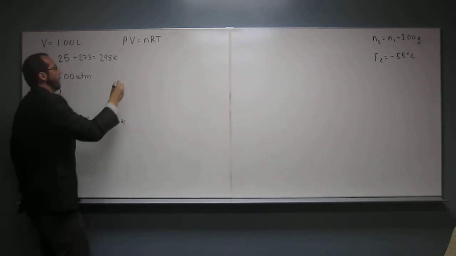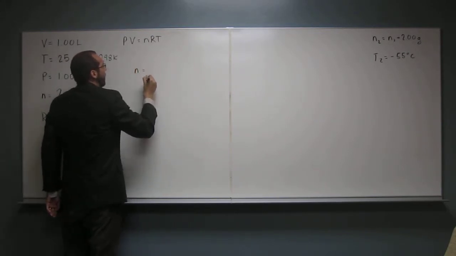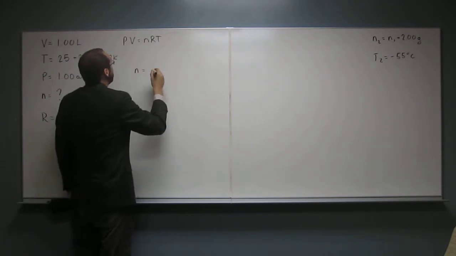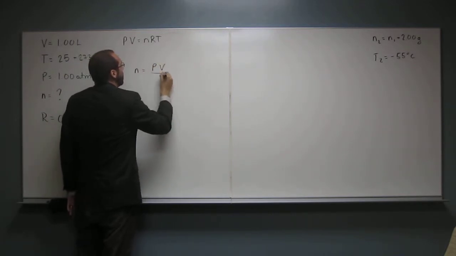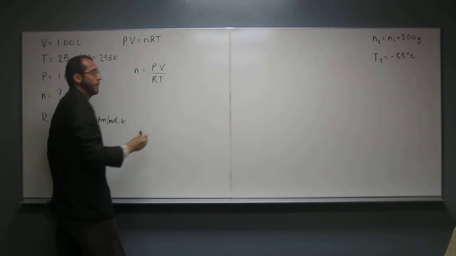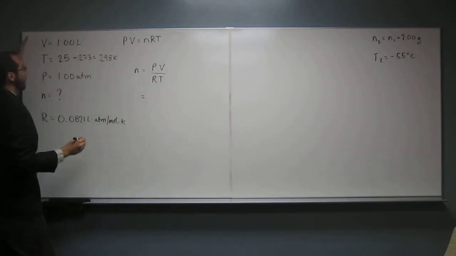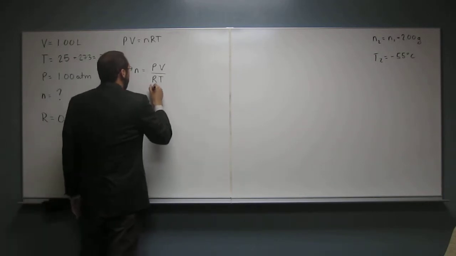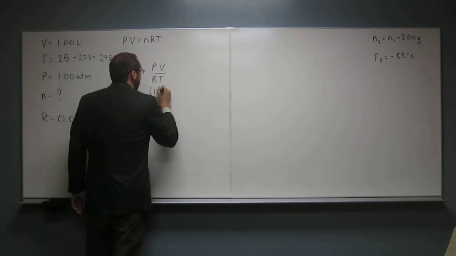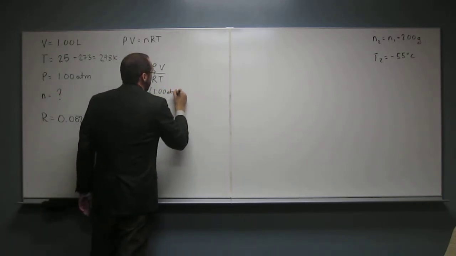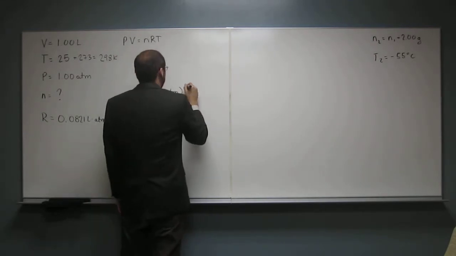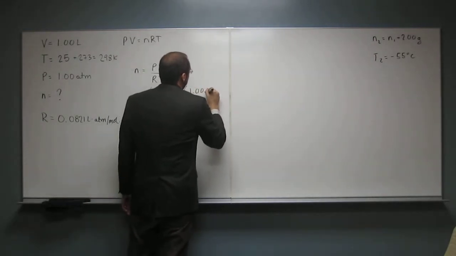So let's rearrange our equation. n equals PV divided by RT. Is that right? Yeah. Okay, wonderful. So now we can plug in all of these numbers. Pressure, 1.00 atm. Volume, 1.00 liters.